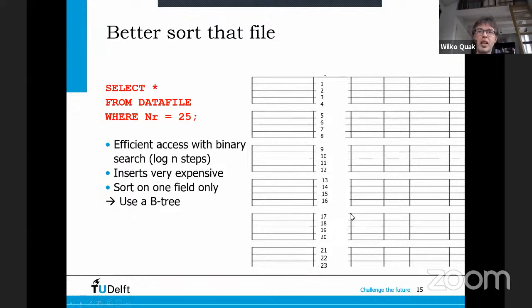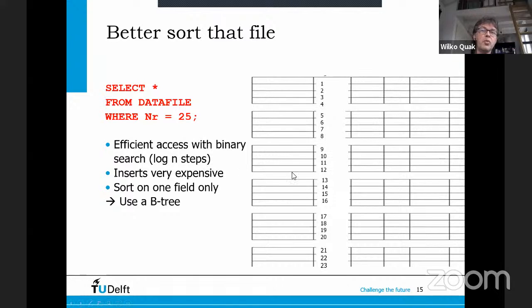I do the same again on this part. I check in the middle, on 17. 17 is again smaller than 25. So this is the second disk block I read. I only look at this value, but I read the whole disk block. 25 is bigger, so I go to this one, read the third disk block, and no, 25 is not there. So this is binary search.